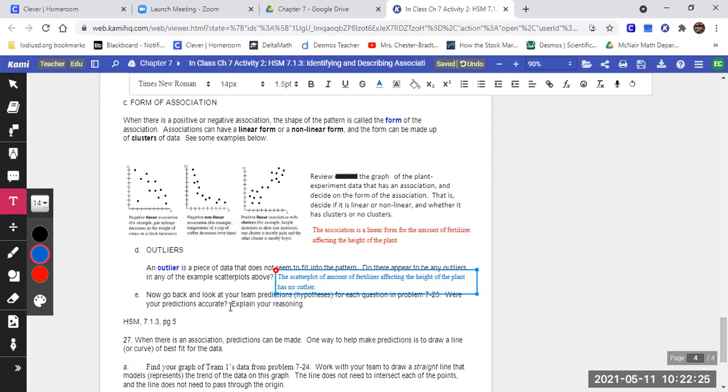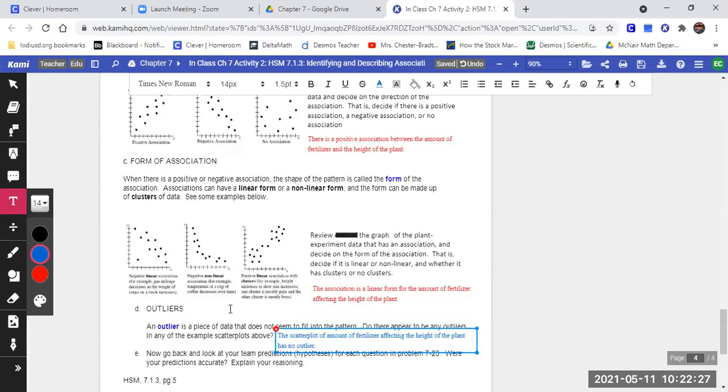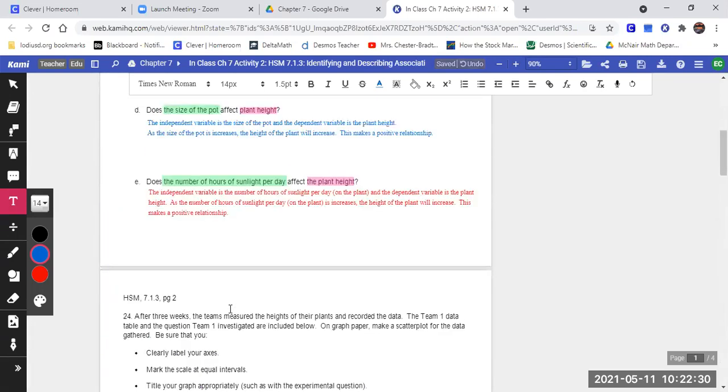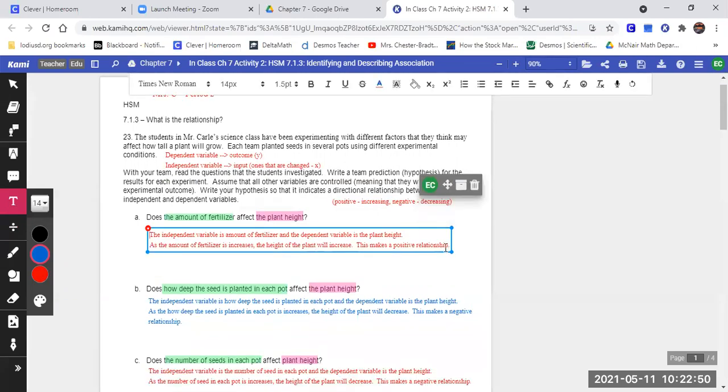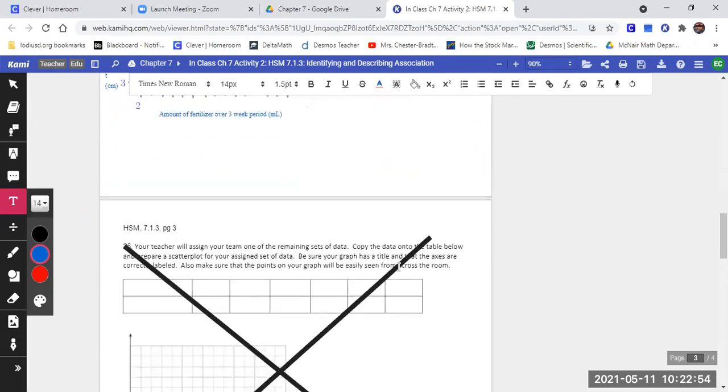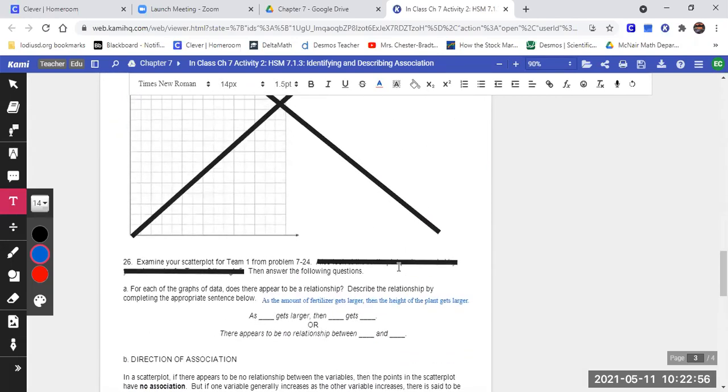Were we accurate with our original hypothesis, which was the first thing we said way up here? Did what we say here, as the amount of fertilizer increases, the height of the plant increases, was our hypothesis correct? Was our original statement correct? Yes, so I'm going to copy our original statement and go down here and use it because I don't want to reinvent.